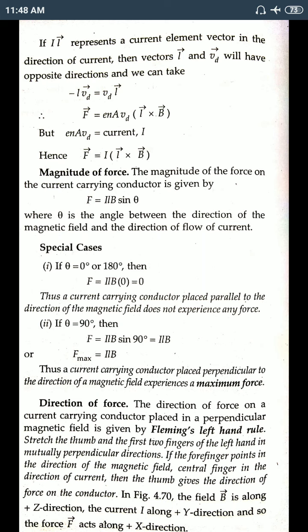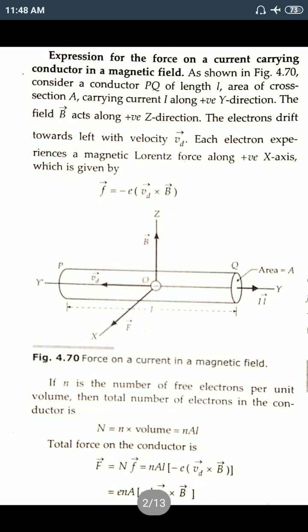In this figure, if you apply Fleming's left hand rule, you get the direction of force along the positive x-axis. You can see that the thumb represents the force and it is along the positive x direction. Clear?